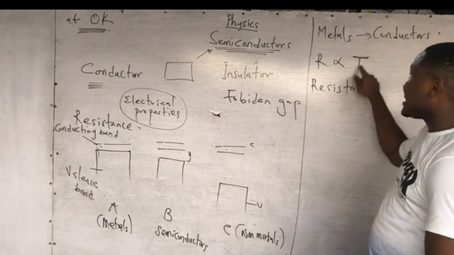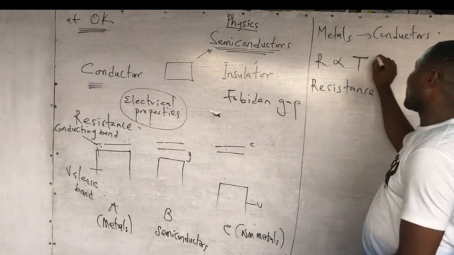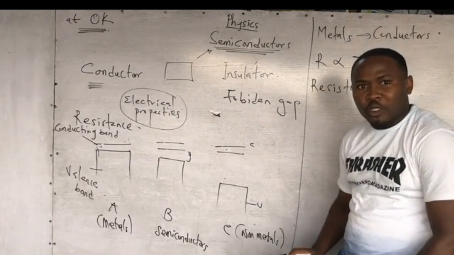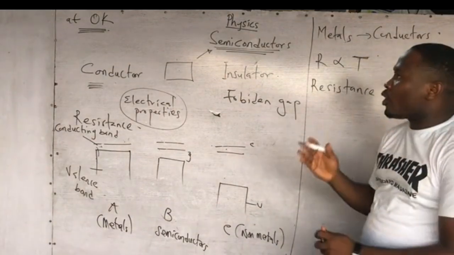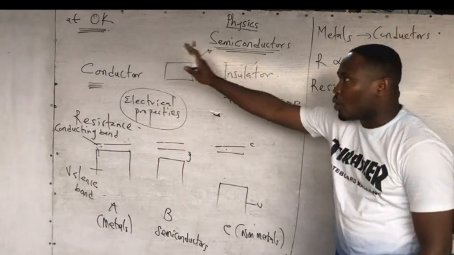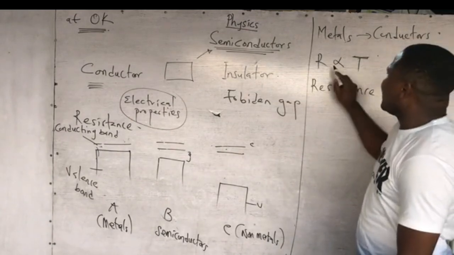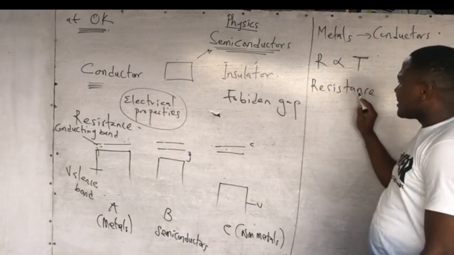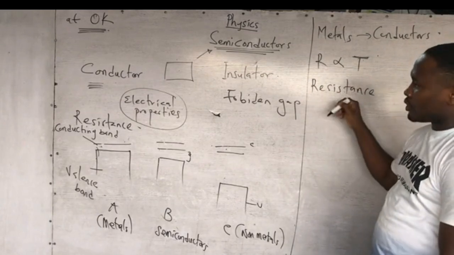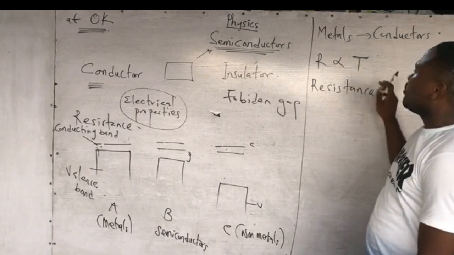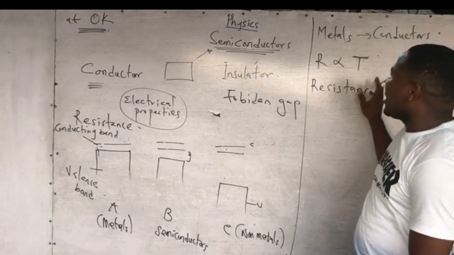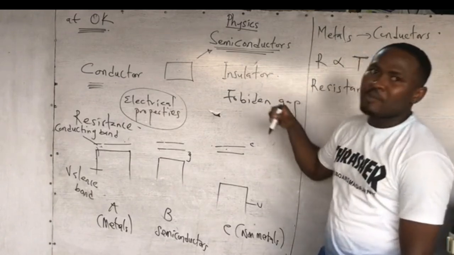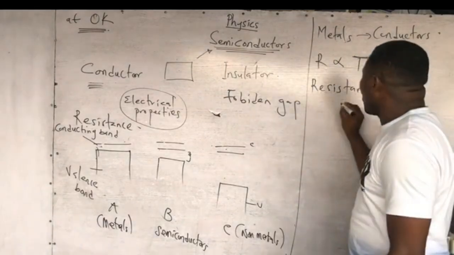Now, remember, we're talking about an increase in temperature, not at room temperature, and not at 0 degrees Kelvin. We're talking about an increase in temperature. If an increase in temperature increases resistance, and resistance is an opposition to the flow of current, then the opposition to the flow of current is high in metals.